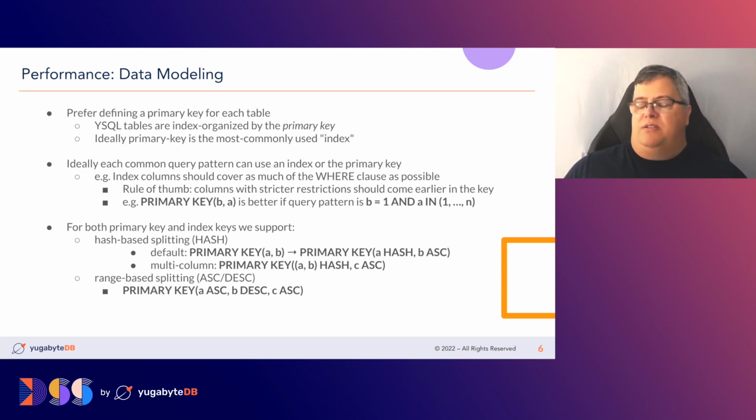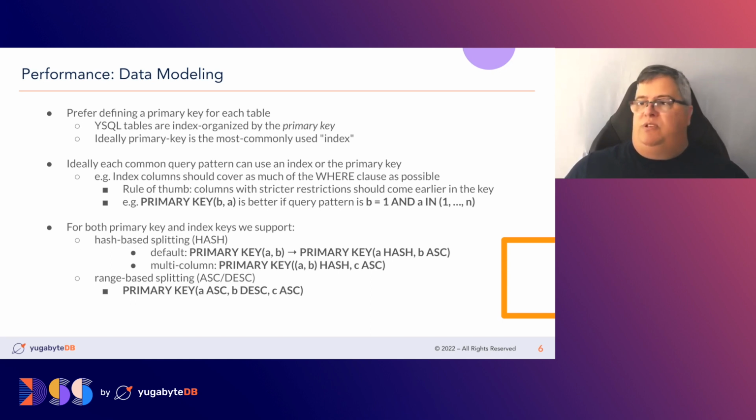So we want to define a primary key for each table. This is because if you don't create a primary key, we will hash on an artificial structure like the row ID, and there'll be no organization to how the records get placed across the system. So we really suggest that you have a primary key designated for every table that you create. This is because YSQL tables, and YCQL tables for that matter, are index organized by the primary key.